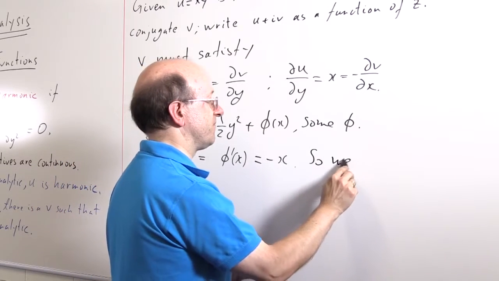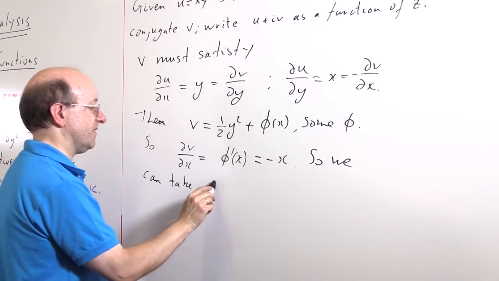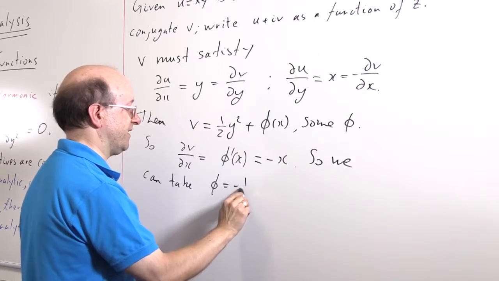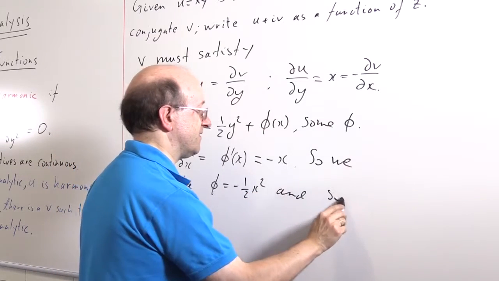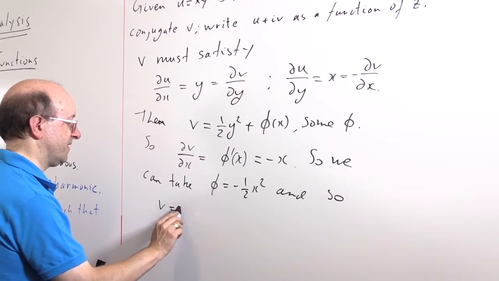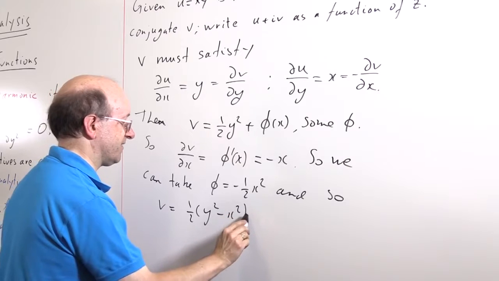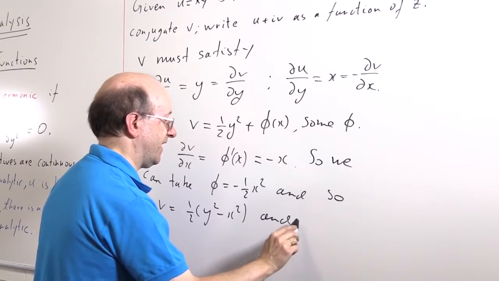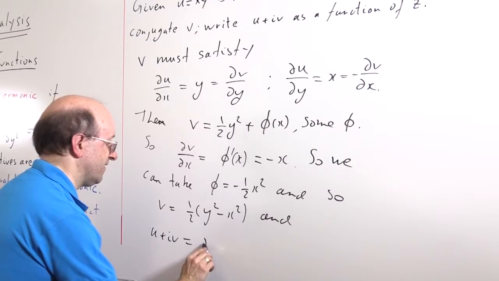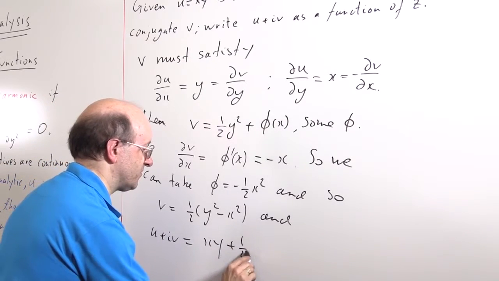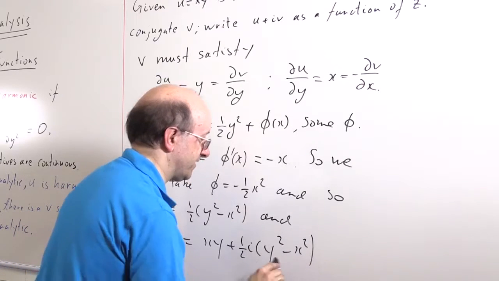So we can take phi to be minus 1/2 x squared, and so v is 1/2 y squared minus x squared, and u plus iv is xy plus 1/2 i into y squared minus x squared.